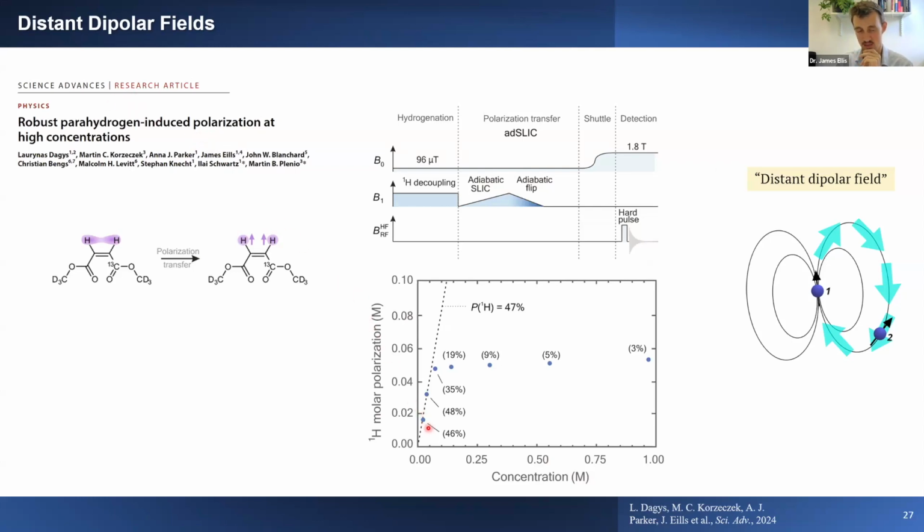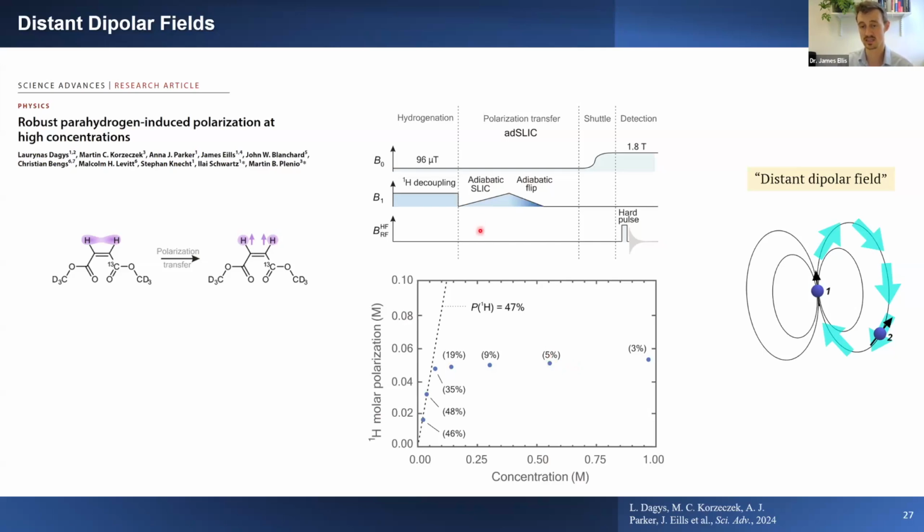I won't say much about this now, but what they show is that as you increase the concentration of your sample, the polarization that you can create decreases reciprocally. Because as you increase the concentration of your spins, you're increasing this distant dipolar field amplitude, it decreases the polarization you can generate.